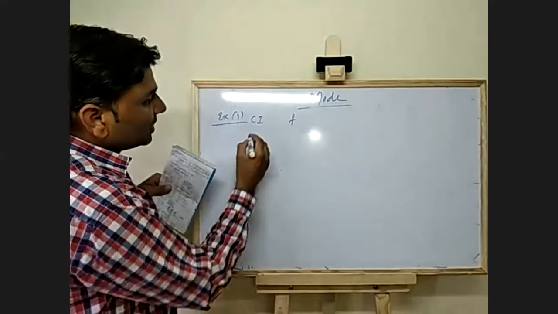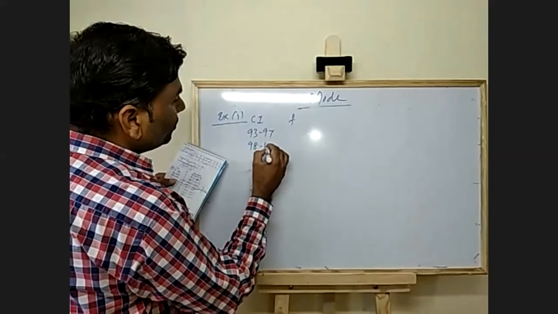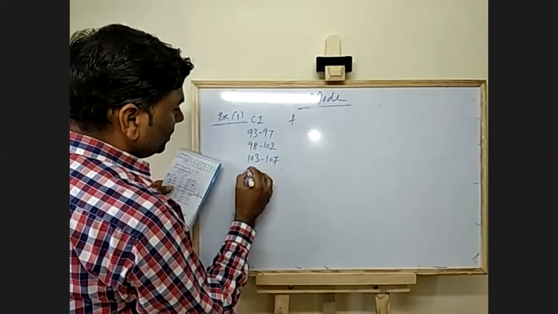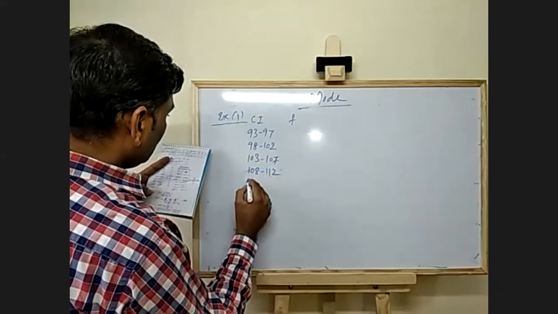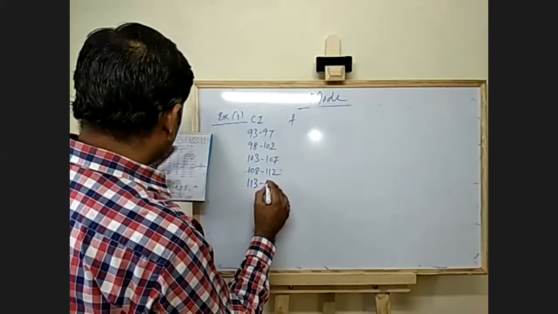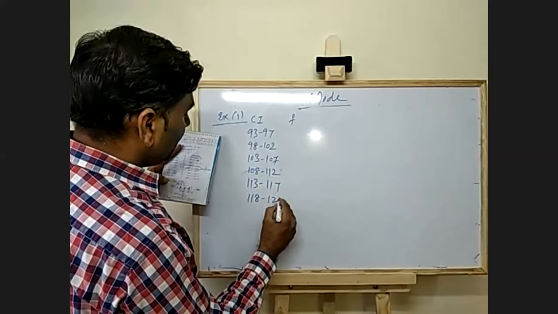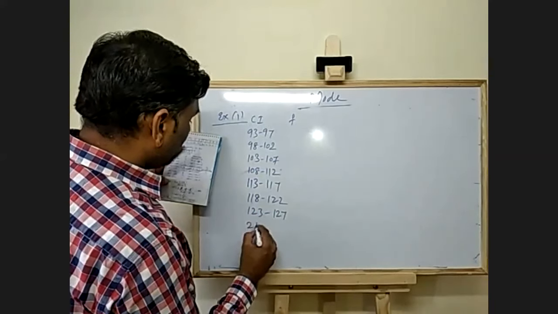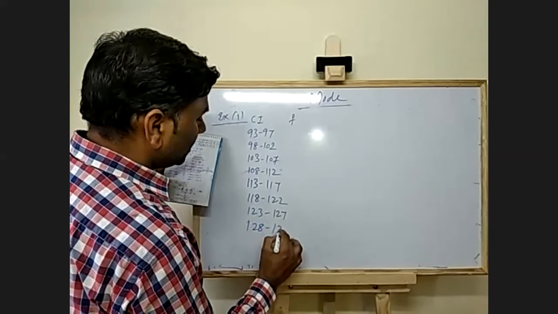The class intervals are 93 to 97, 98 to 102, 103 to 107, 108 to 112, 113 to 117, 118 to 122, 123 to 127, 128 to 132.